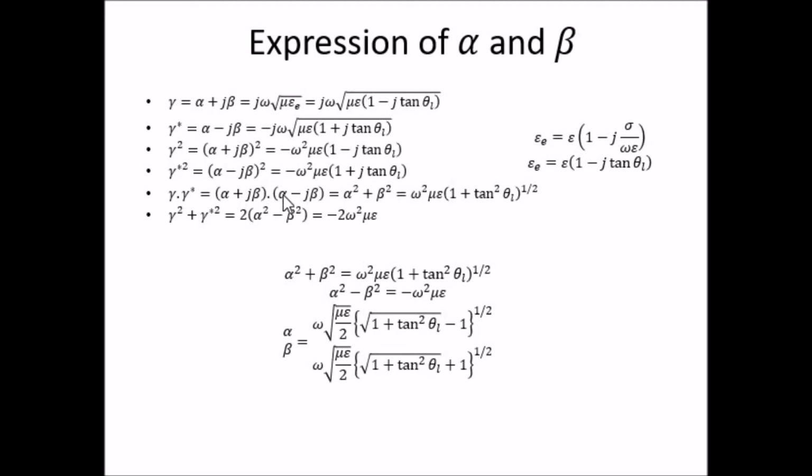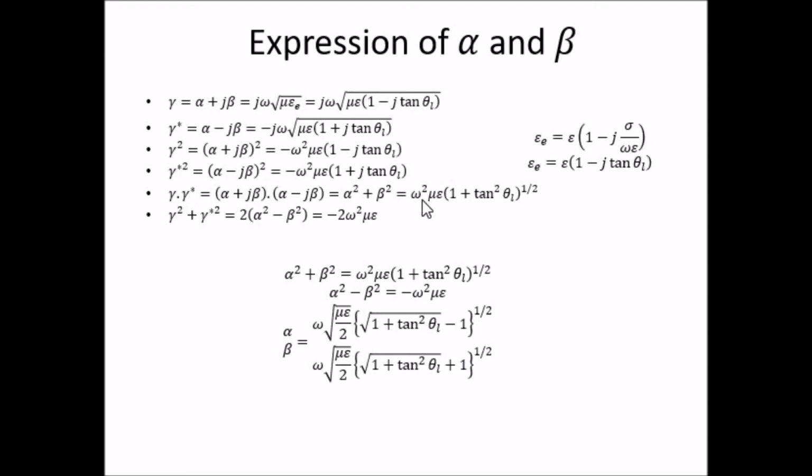Now if I multiply gamma with the conjugate of gamma, that means we are taking alpha plus j beta times alpha minus j beta. So this will be alpha squared plus beta squared. And the right hand side, we have j omega times j omega, so you can write negative j omega squared, and j squared is equal to negative 1.